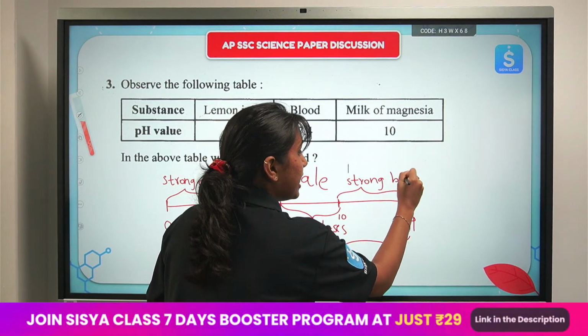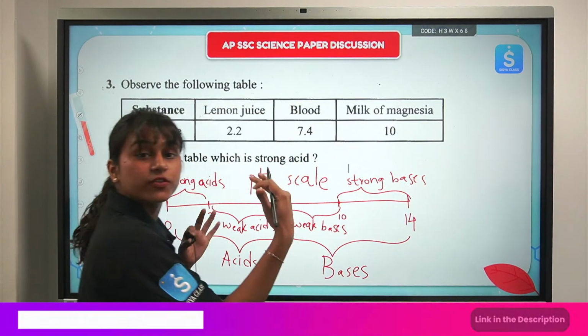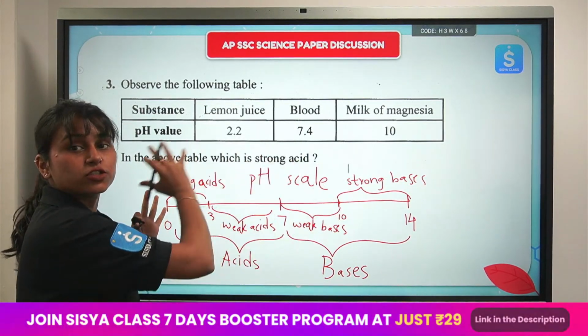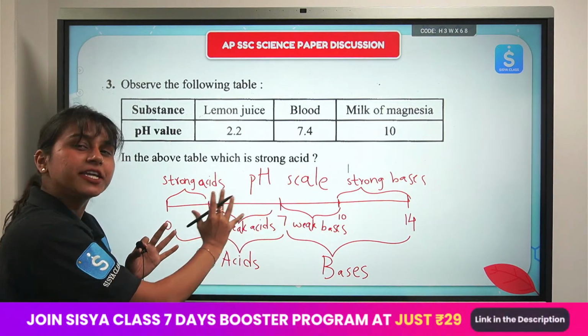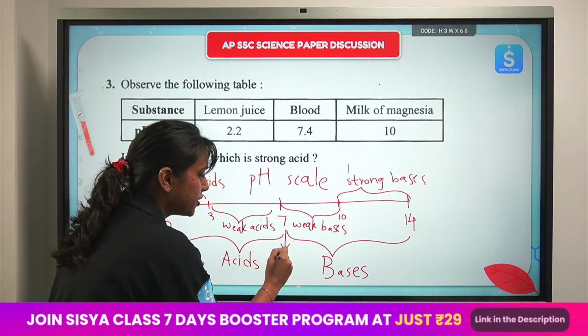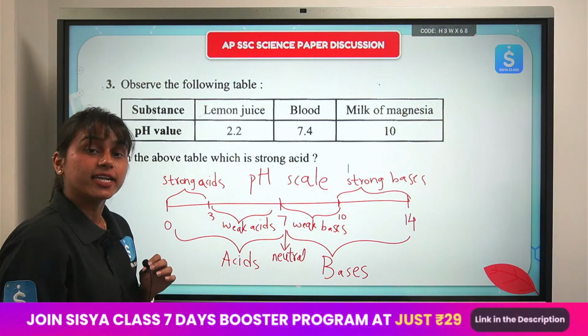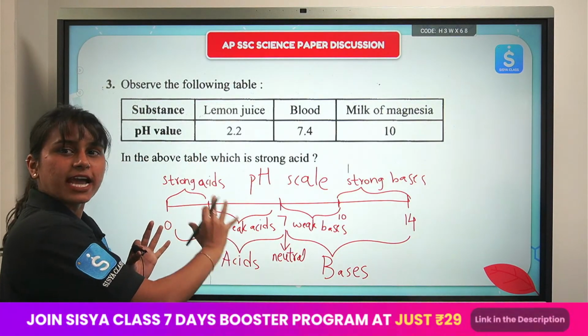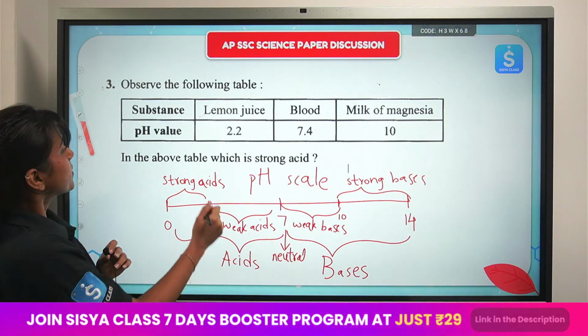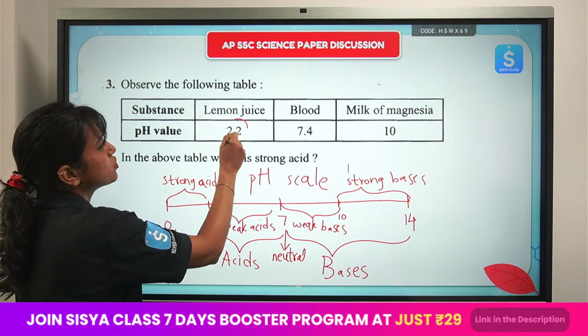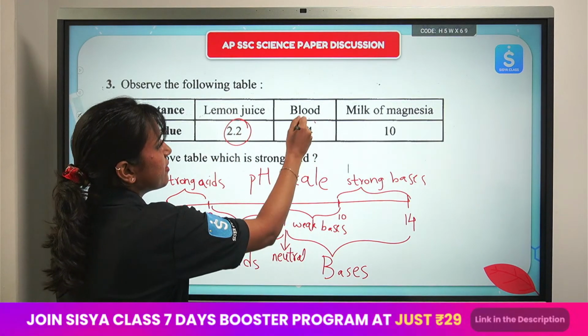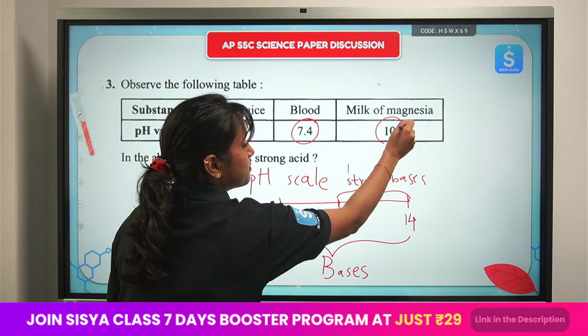Understand that the extremes of the pH scale are strong acid and strong base, and near to 7 is neutral. So near to neutral are weak acids and weak bases. Okay, so look at the values. Lemon juice 2.2, blood 7.4, and milk of magnesia 10.